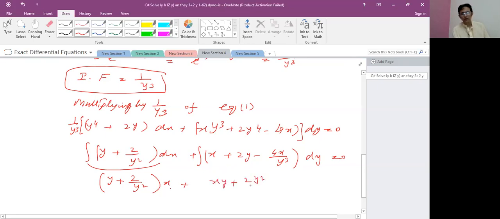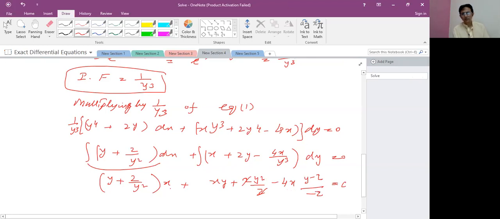Plus 2 times y square upon 2, so 2 divided by 2, minus 4x is constant. The integral of dy upon y cube is y minus 3, y minus 2 upon minus 2, which is equal to c.